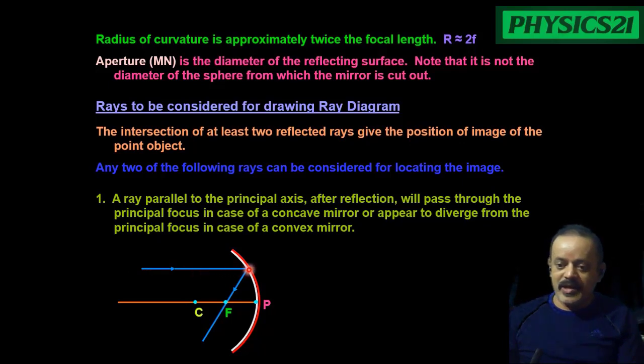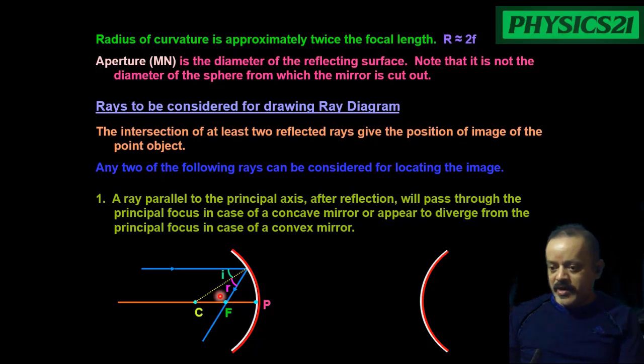After reflection, it will pass through the focus. This is the normal. If we want to draw the normal at the point of incidence, then we join the point of incidence with the center of curvature. So this is the angle of incidence and this is the angle of reflection.